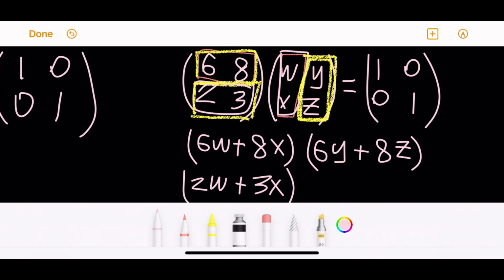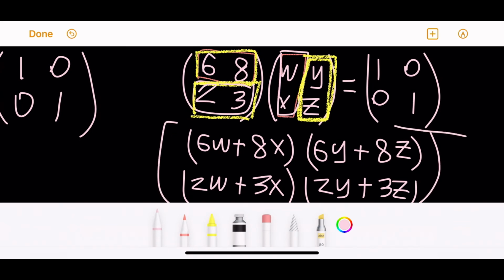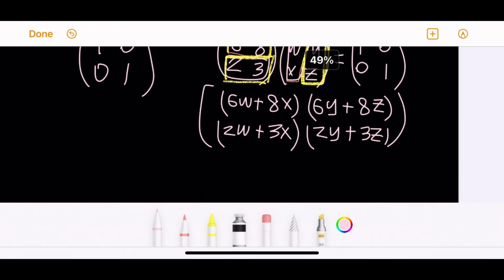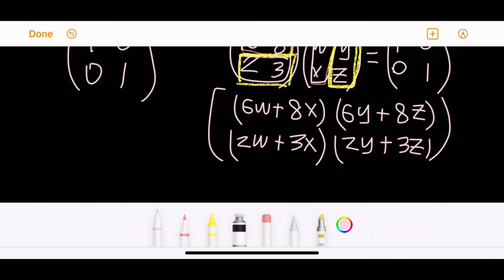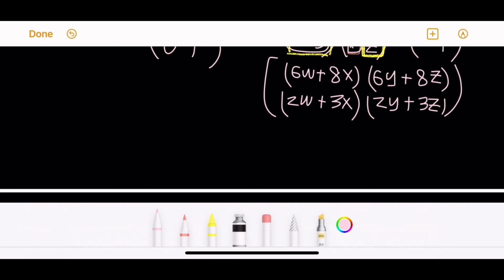So it will be 2y plus 3 multiplied by z, 3z. And this one is a big matrix again. All we need to do now is to simplify this. So I'm going to write it below.